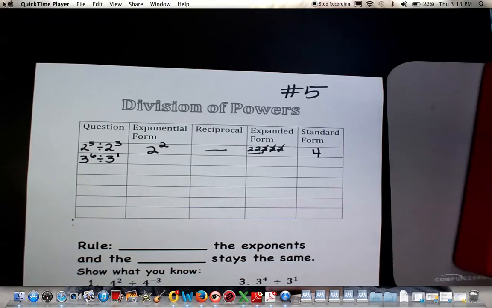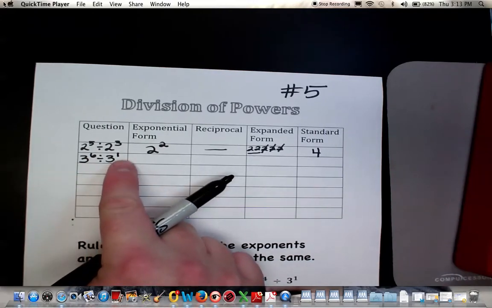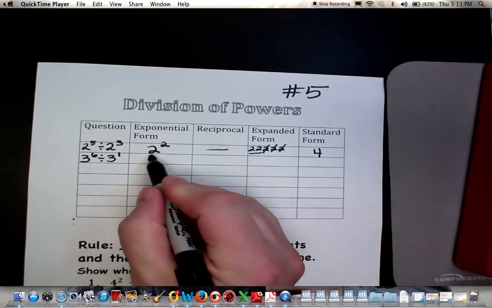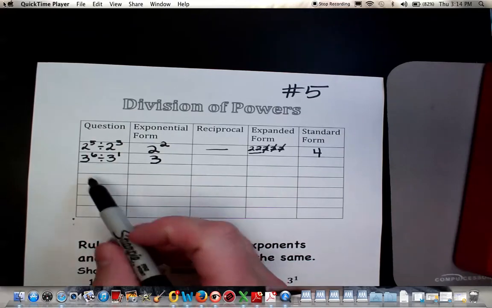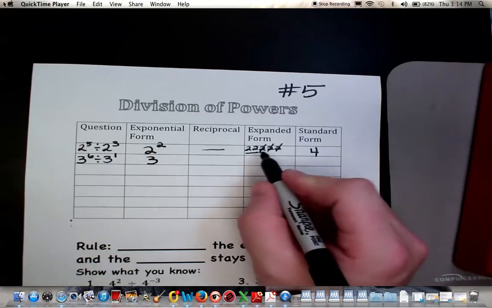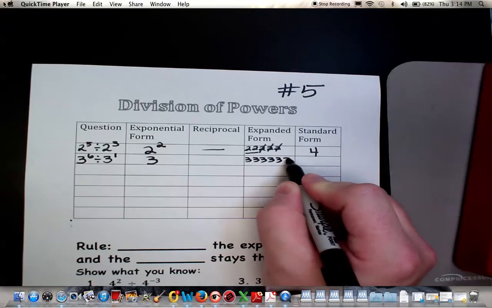Okay? So here I've got 3 to the 6th power divided by 3 to the 1st power. First I find out what my base is. My base is going to be 3, so that goes in my exponential form. Now let's expand 3 to the 6th power out. It's going to be 6 3's: 1, 2, 3, 4, 5, 6.